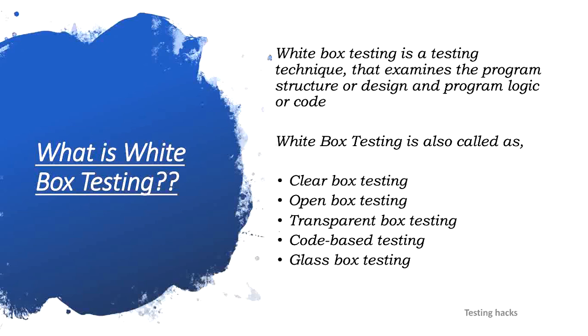This is known as white box testing, and it is also called by a different set of names: clear box testing, open box testing, transparent box testing, code based testing, glass box testing. Whatever the name, it is known as white box testing.